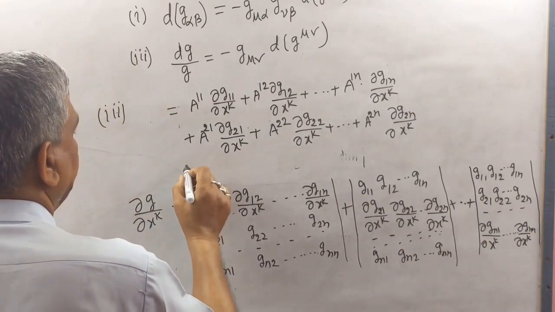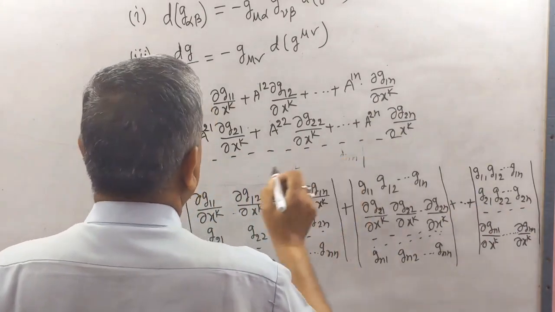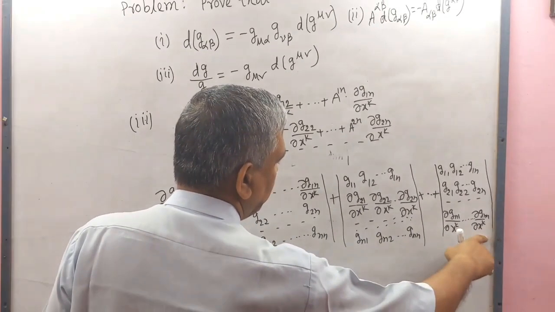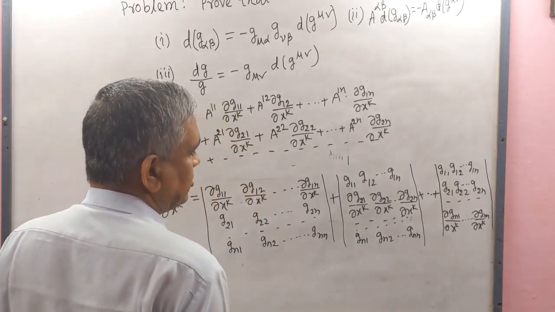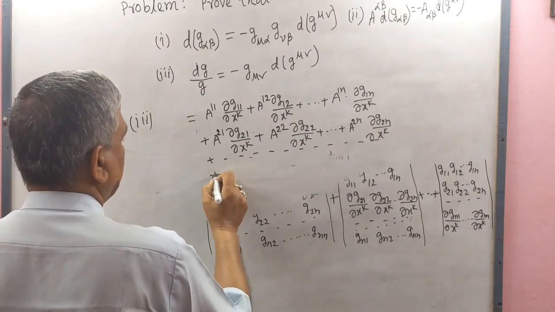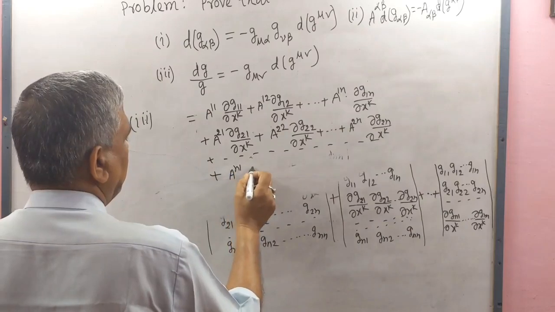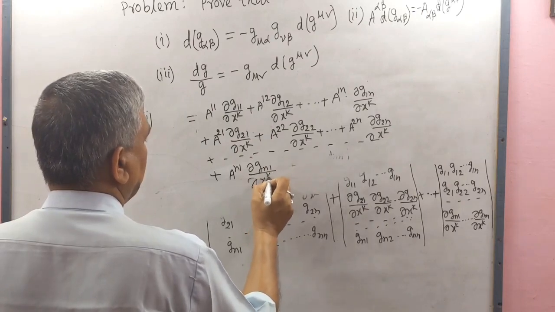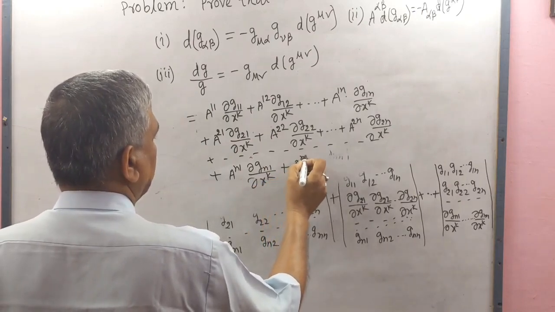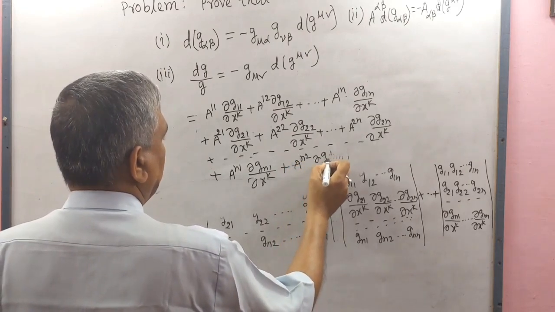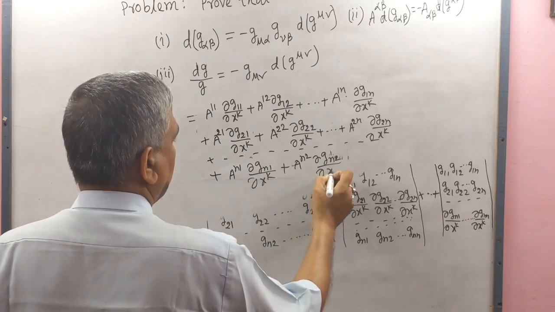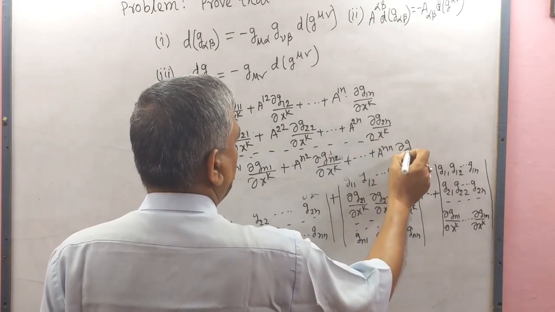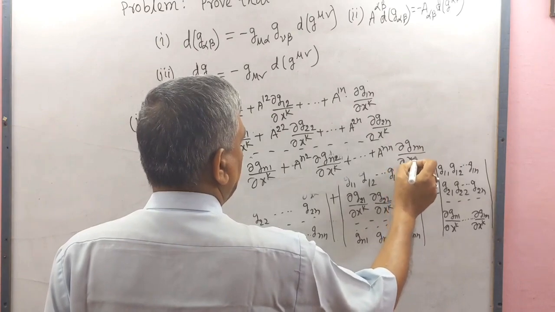Lastly we write the last determinant. In this case we take the nth row and multiply with its cofactors: An1 del Gn1 by del xk plus An2 del Gn2 by del xk plus dot dot dot Ann del Gnn by del xk.